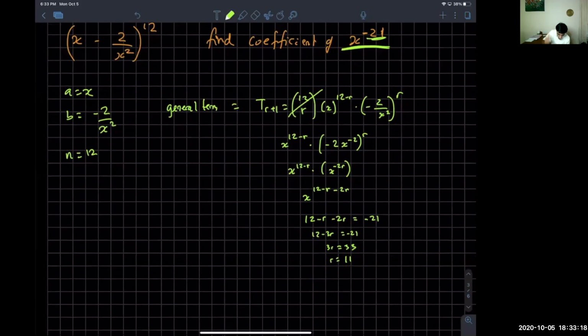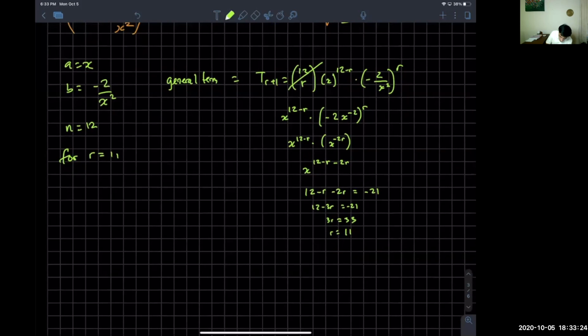So then we come down here for R equals 11. We do the same thing all over again. T of 11 plus 1 is equal to 12C11, x to the power 12 minus 11, negative 2 to the power 11. And then you just expand this out to get the answer, okay?